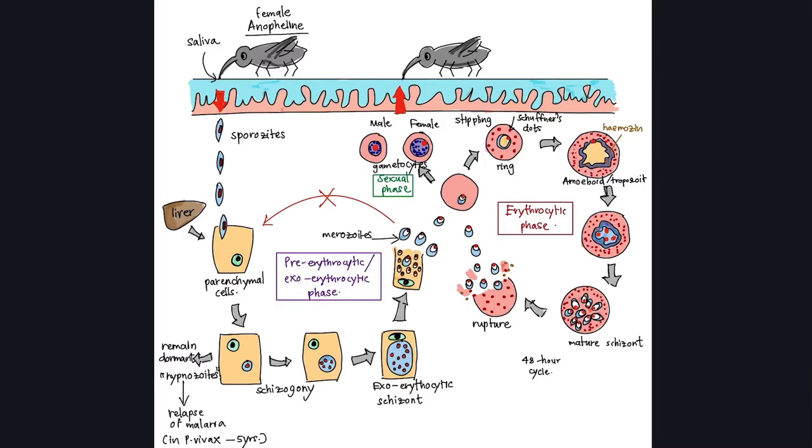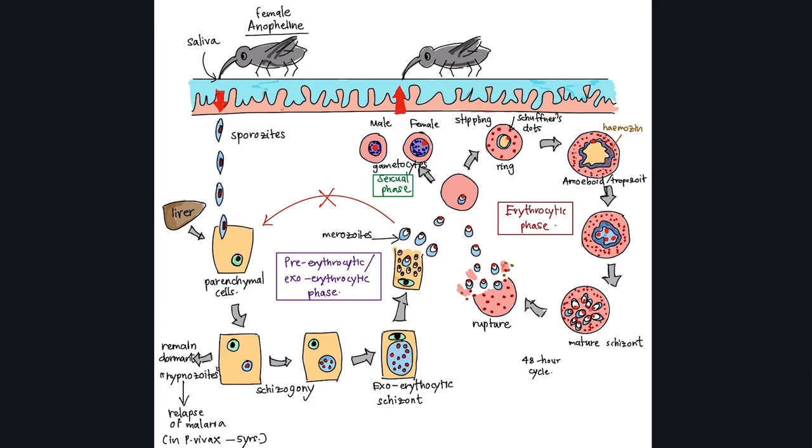So today I'm going to explain to you the life cycle of the malaria parasite, that is the Plasmodium. There are different types of malaria parasites. Mainly about 60 to 80% of malaria infection is caused by Plasmodium vivax.